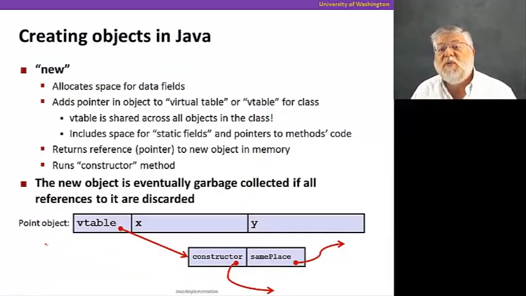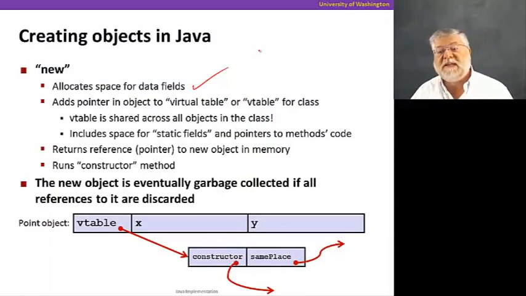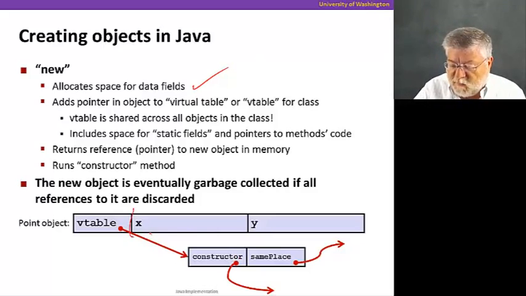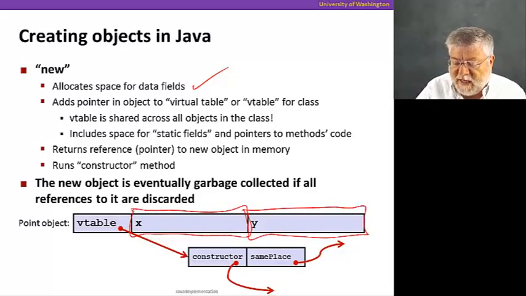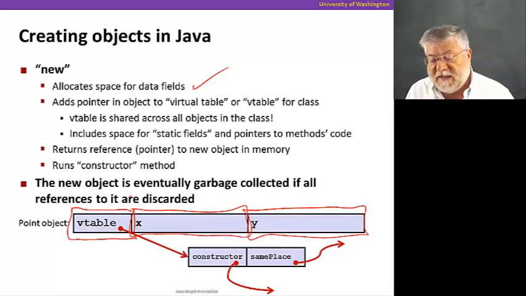When we call new, what's happened is we've allocated space for the data fields, in this case x and y, but we've also done one other thing. Here's x and y, those two doubles that we needed, but we've also allocated a pointer at the beginning of the object to what's called a V-table or virtual table. The V-table pointer is the same for all the objects of this class, all the points we might create.